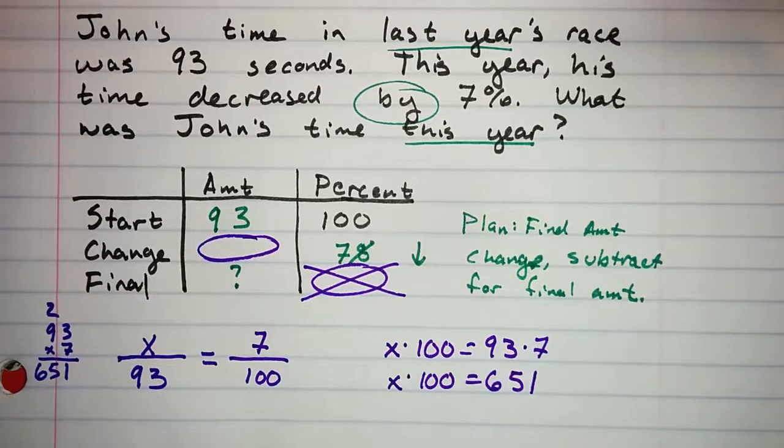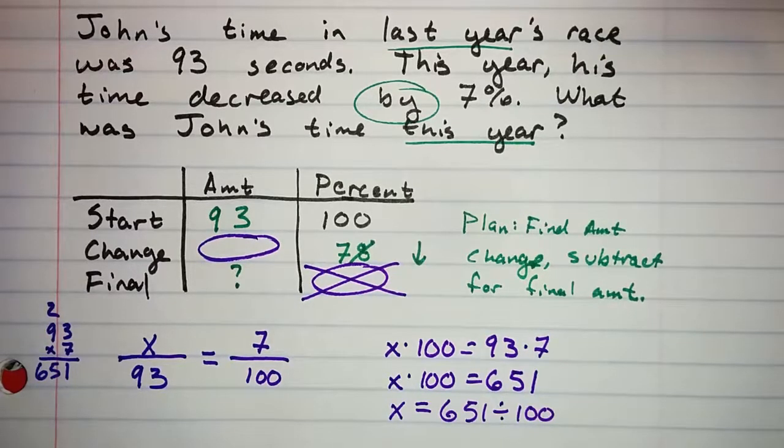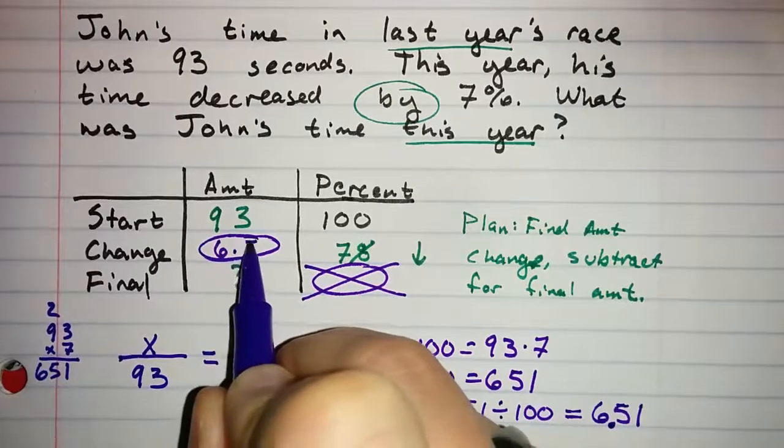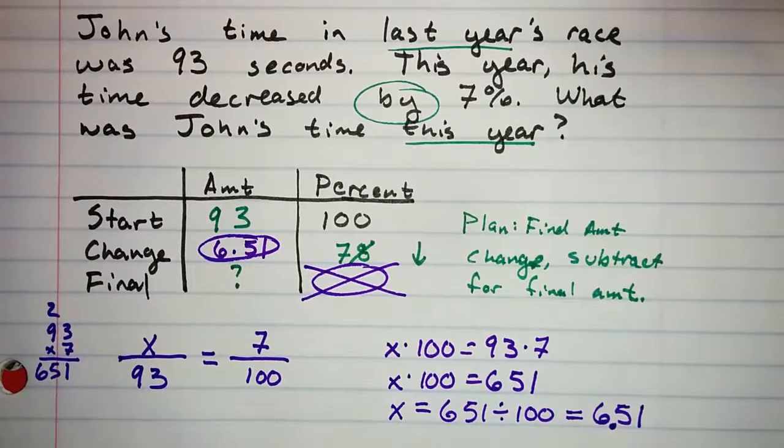X is the missing thing in a multiplication problem. So it's 651 divided by 100. I'll want 2 digits after the decimal point. 6.51. That isn't what I was looking for originally, right? But I needed it on the way to my answer.